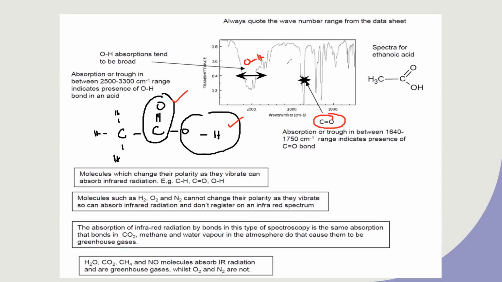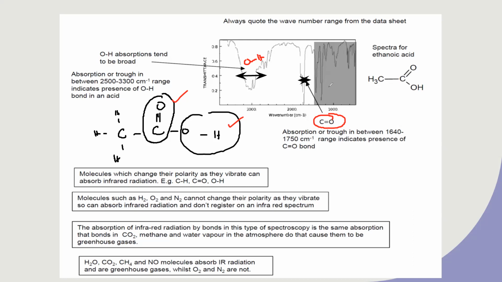Even if it was butanoic acid, the same will be there. Pentanoic acid, same, because which acid it is, we cannot determine from this region. We only determine the type of bond present. The only difference between the spectrum of ethanoic acid, methanoic acid and butanoic acid is the fingerprint region.